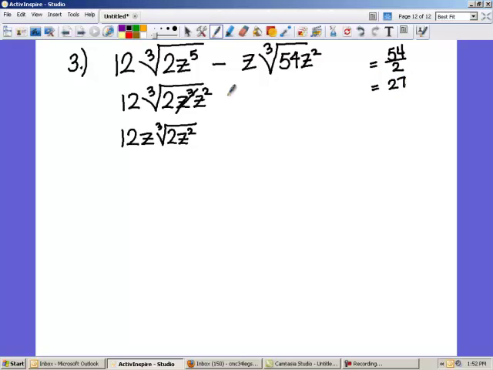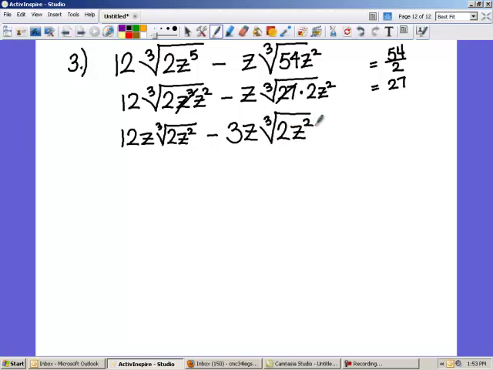And so we have the cube root of 27 times 2z squared. We know the cube root of 27 is 3, so that gets pulled out. And now we have left over the cube root of 2z squared.